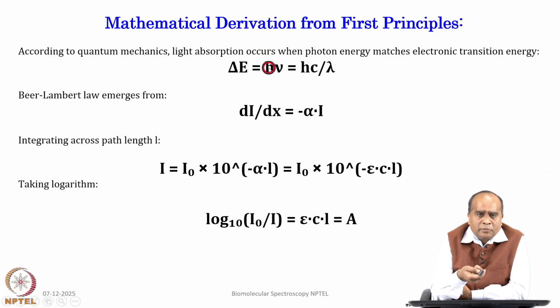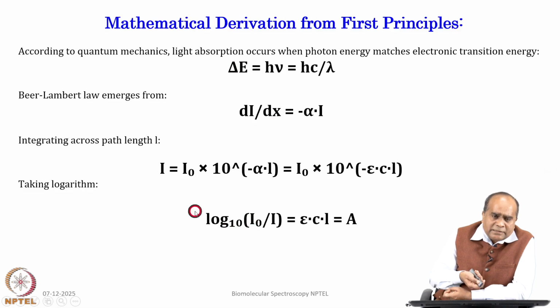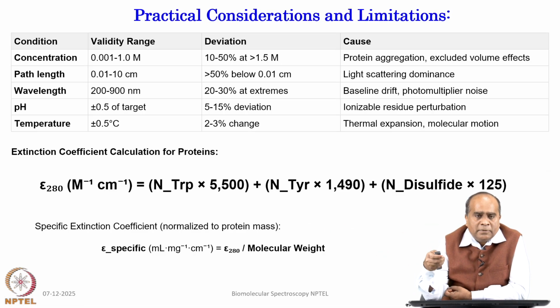So, delta E equal to h nu, which is h c by lambda, and Beer-Lambert's law emerges from delta I by delta x equal to absorptivity alpha times I. If you arrange that and take the logarithm, we find that log base 10 of I0, which is the initial incident light, by I equals epsilon C L, and that is the absorbance. So, A equals epsilon C L, coming from the basic concepts of how much light we put in, how much light emerges out, and how much gets absorbed, right.